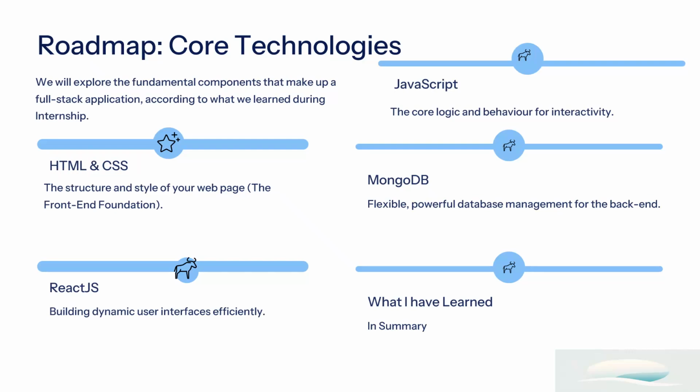And we will talk about MongoDB, the database that provides flexible and powerful database management for the backend. At the end, I will share what I have learned during this period of internship.